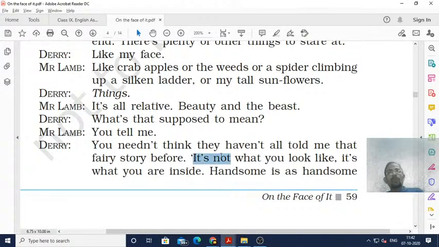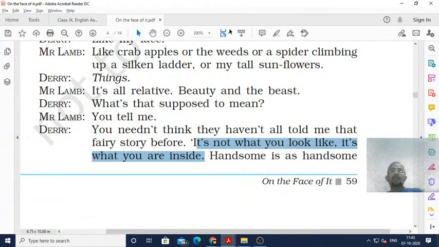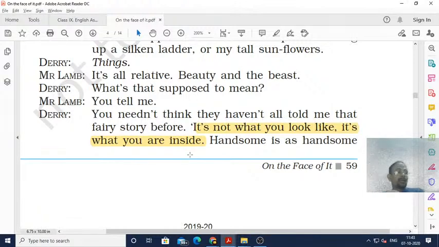They said, it's not what you look like, it's what you are inside. People earlier said to him that it's not what you look like, but what you are inside that matters. And then people also said, handsome is as handsome does. He can be considered to be handsome who does handsome things. Okay, only because you are having a handsome look does not make you handsome.